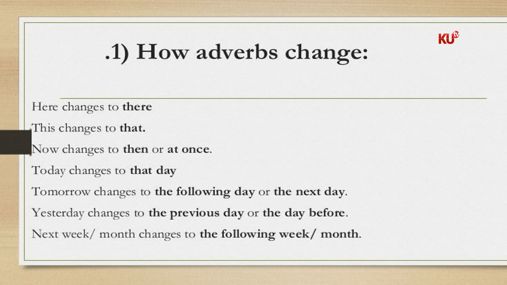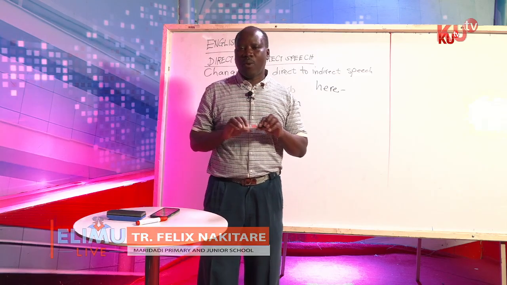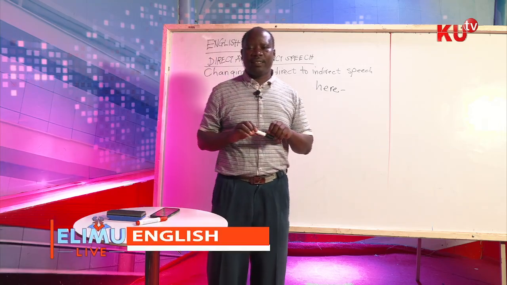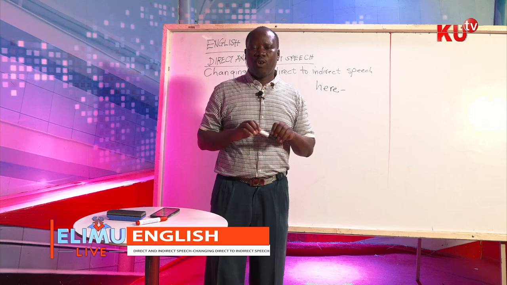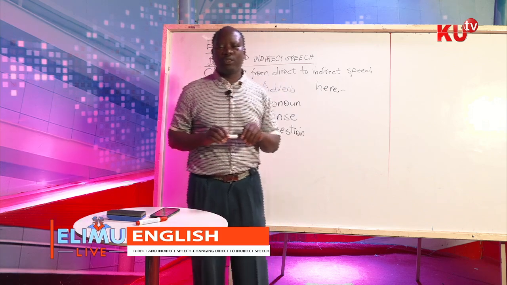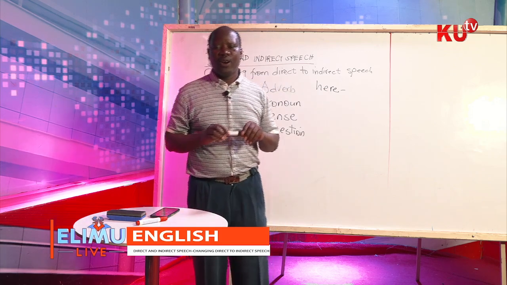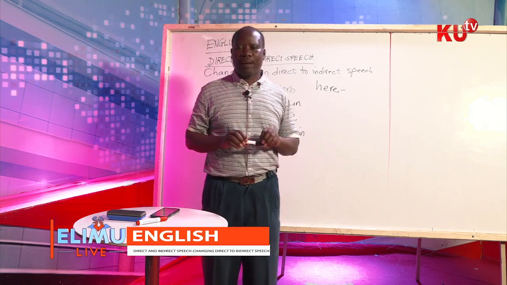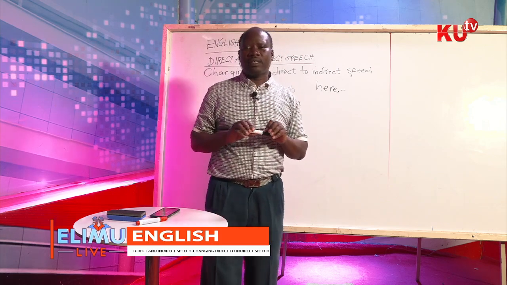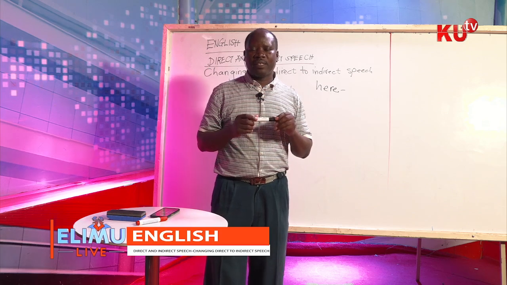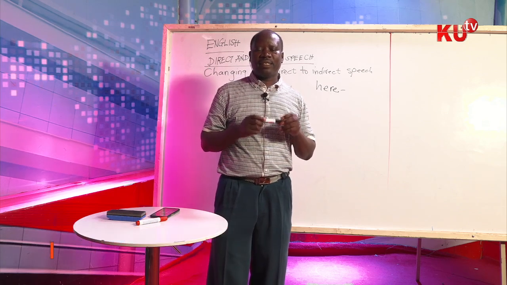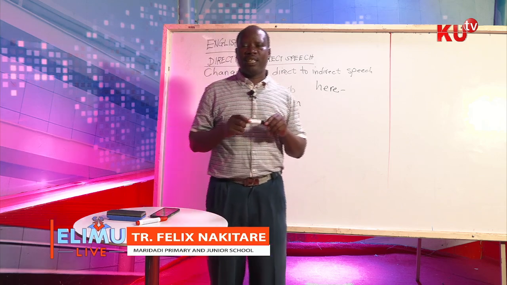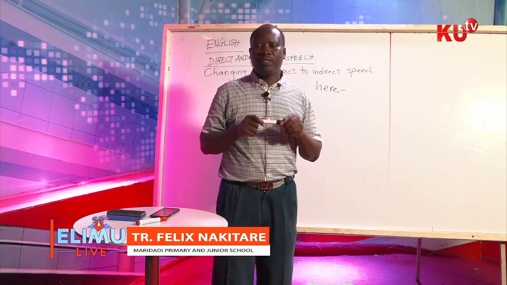Let me use a simple example in the first adverb, the word here. A teacher says, go and tell John to come here. When I go to report that statement, I will say, the teacher said that I come and tell John to go there.